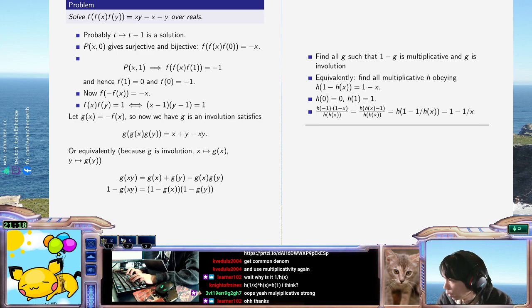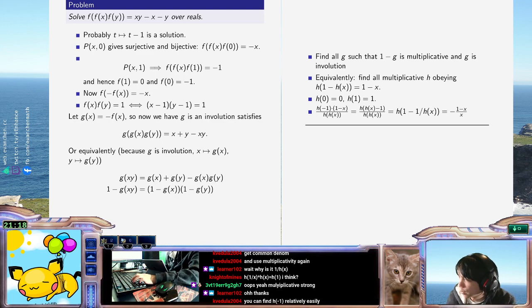Alright, do we know h of minus 1? I mean, h of minus 1 is either 1 or minus 1. Did I have enough information to get it?